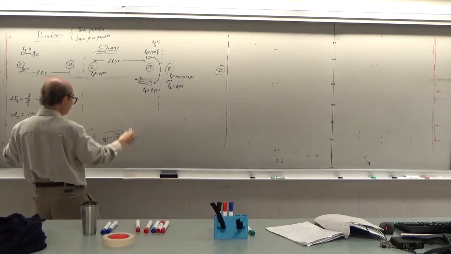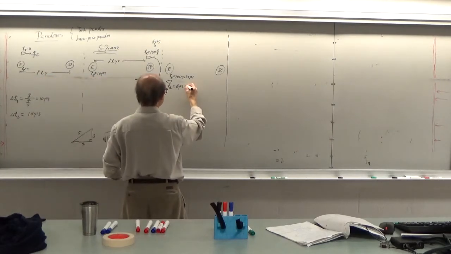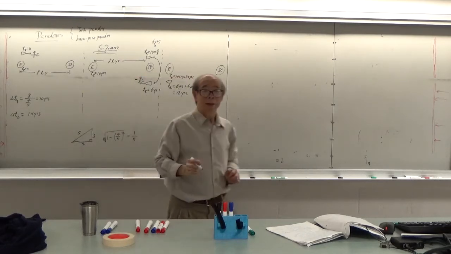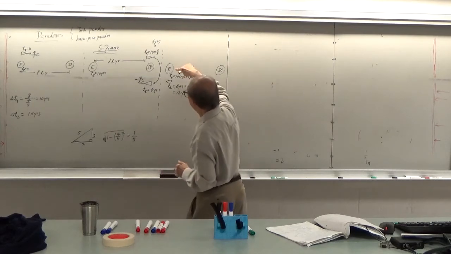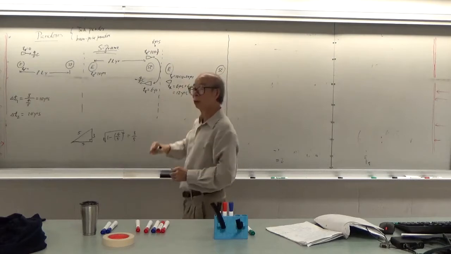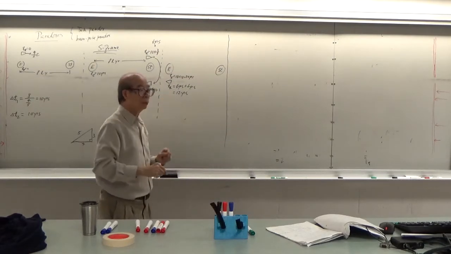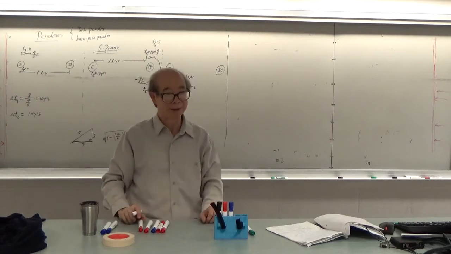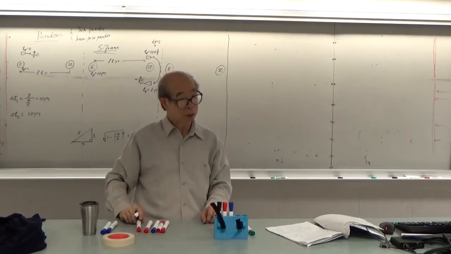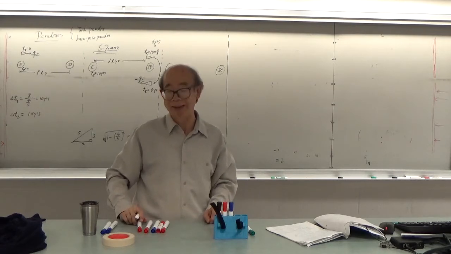So 3/5 times 10 is another 6 years. So plus another 6 years, it's 12 years. So whereas the physicist brother will have aged 20 years, the astronaut brother will have aged only 12 years. Therefore, the astronaut brother will look younger than the physicist brother by 8 years.